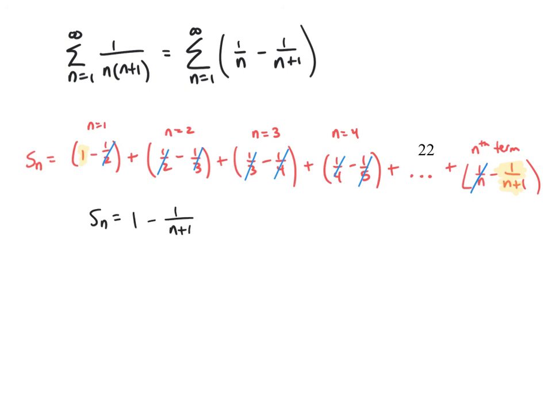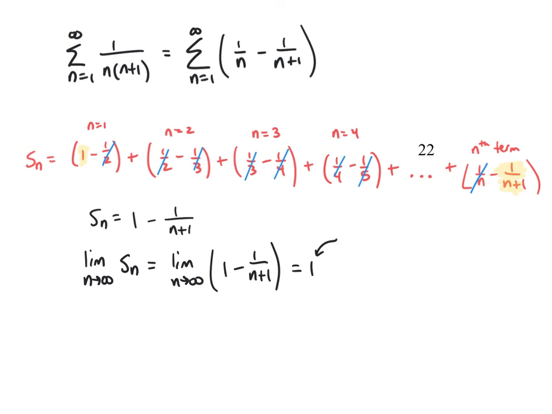Now remember, if we're able to take the limit of this as n goes to infinity and get a value, then we can state that that value is the convergent value of the series. In other words, I'm going to take the limit of s sub n, which is the limit as n goes to infinity of 1 minus 1 over n plus 1, and I get 1.